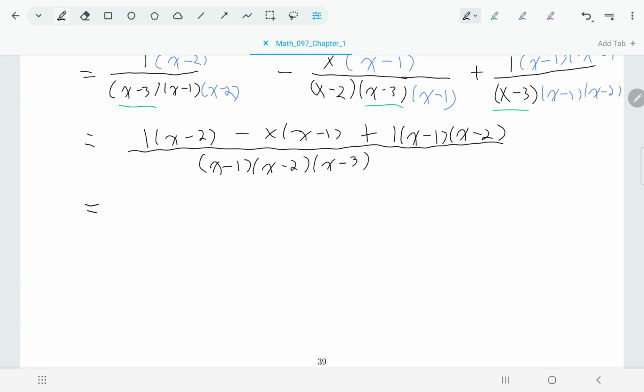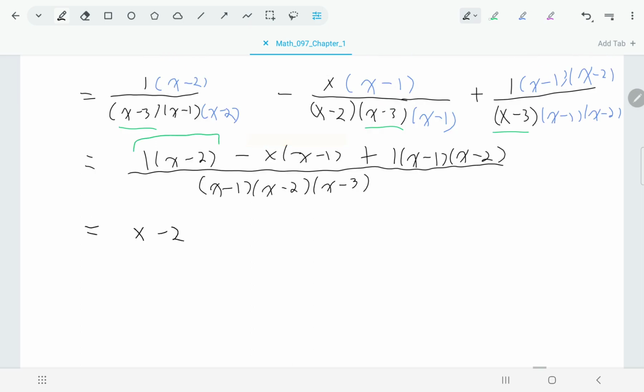Okay, so let's begin. We have the 1 times x minus 2, that's just x minus 2. We have a minus x times x plus 1. So when I multiply that together, I'll have a minus x times x, a negative x squared. I'll have a minus x times 1, that's a plus an x.